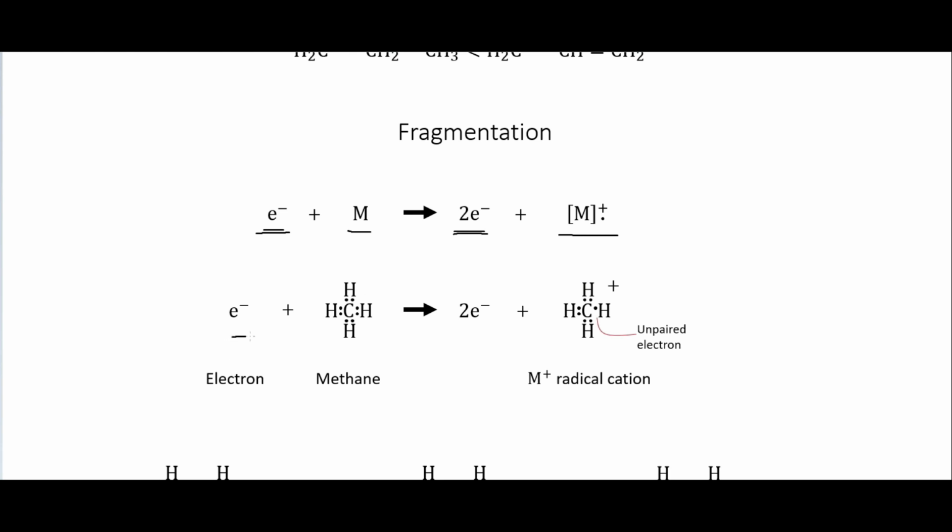And so we can think of it like this. Say we're hitting methane with an electron. We're going to eject one of these electrons right here. So we have the electron we shot at it, the one that's ejected, and so we end up with something like this. So we have a bond made from an unpaired electron, and then that also makes it positively charged. So that is our M plus radical cation.